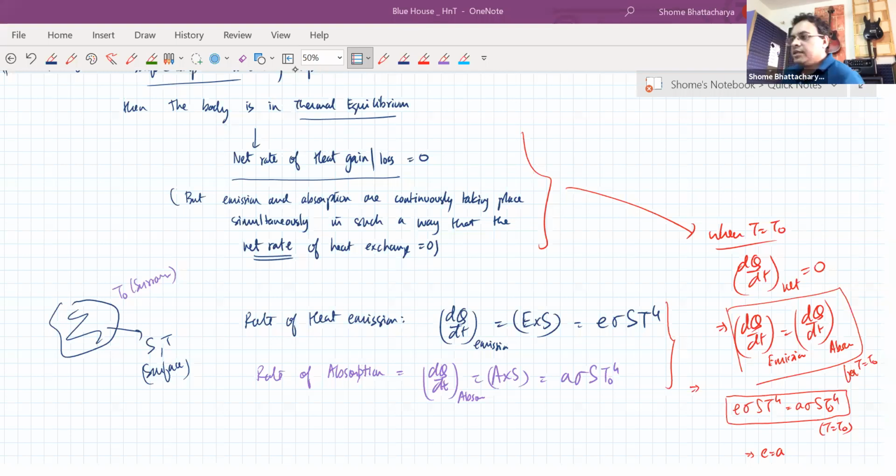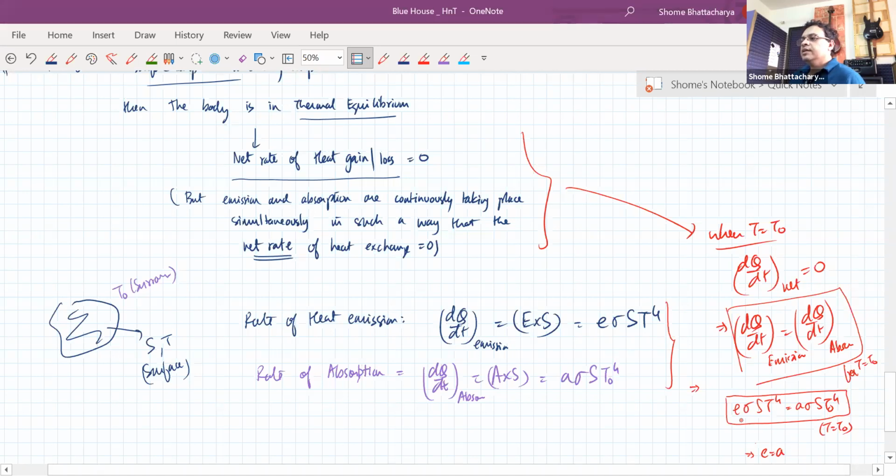Yeah, sorry, I missed that. What was the question? You've taken T equal to T naught and then we got E equal to A, but if T wasn't equal to T naught, would the results still be the same?